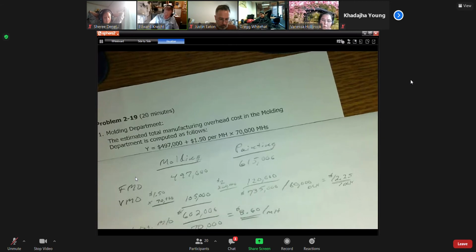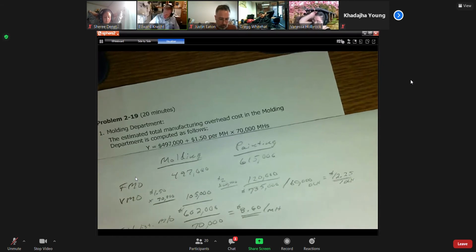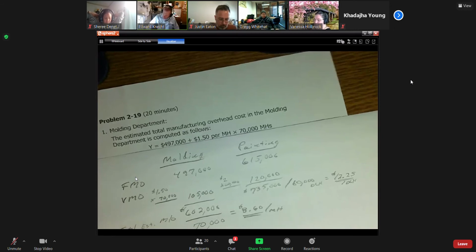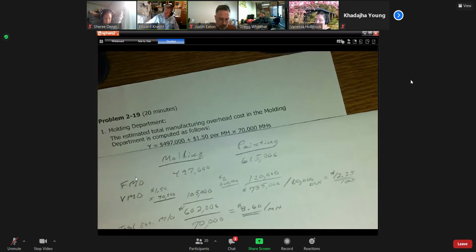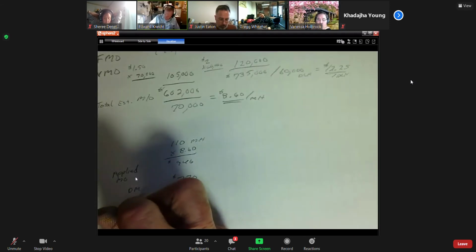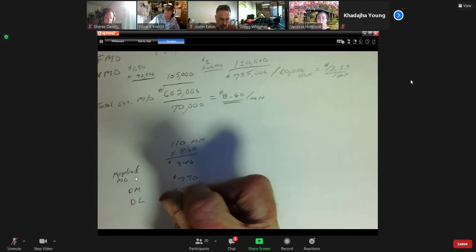And do we have direct material cost at actual? $770. Am I reading that correctly? And then the actual direct labor. How much is the direct labor? 525.